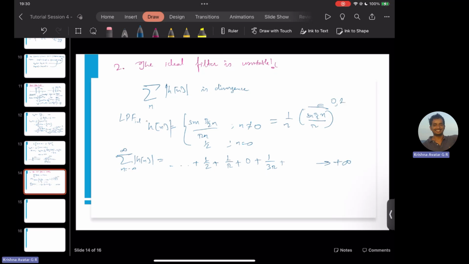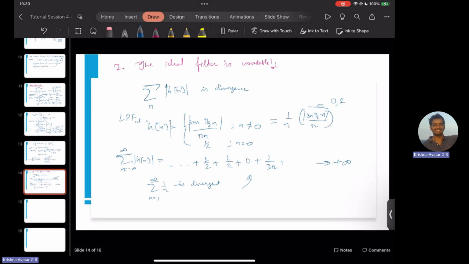Taking the magnitude, it will always have either 0 or 1. So it mimics that, and you recall that the sum of 1 by n, the series summation from n equals 1 to infinity, is divergent, as we know from our calculus, and because of which this series is also divergent in nature.